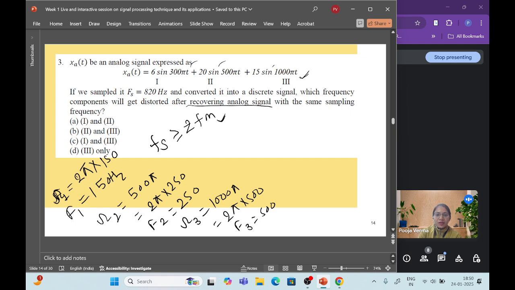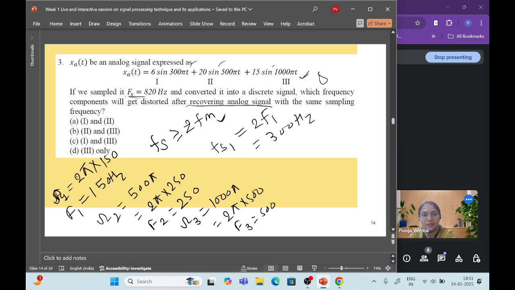Now, here three components are there, so we need to find three different sampling frequencies so that we can analyze which frequency component will get distorted, first, second or third. First one, Fs1 is equal to 2F1, so we get 300 hertz, and Fs here is 820 hertz.